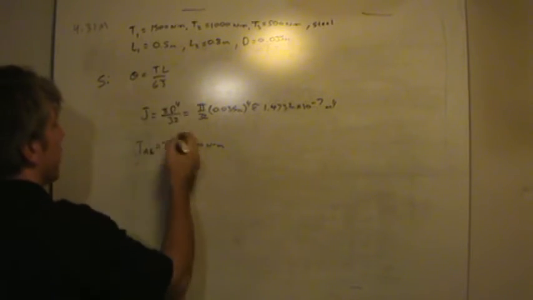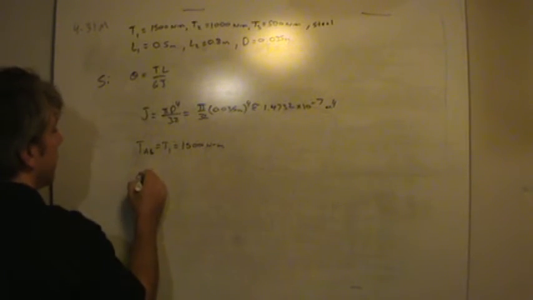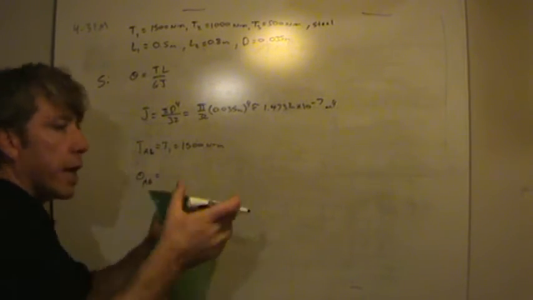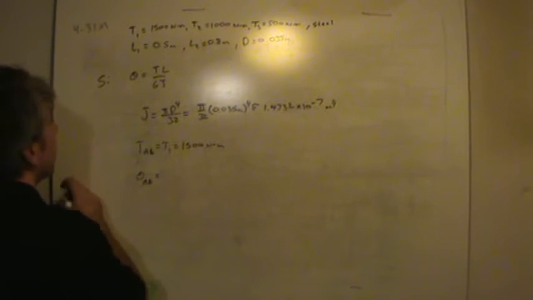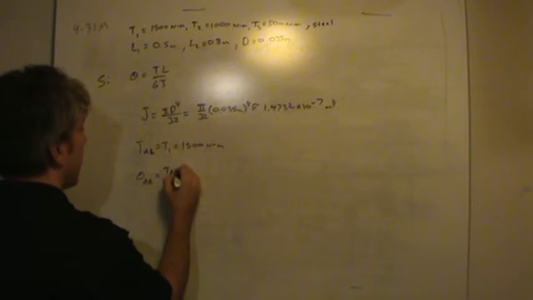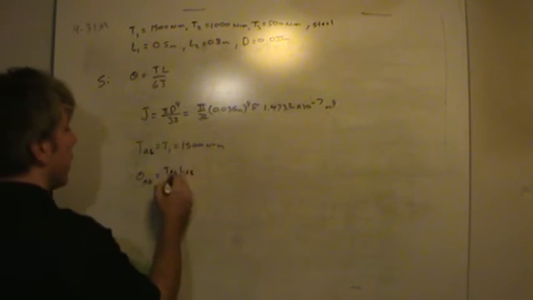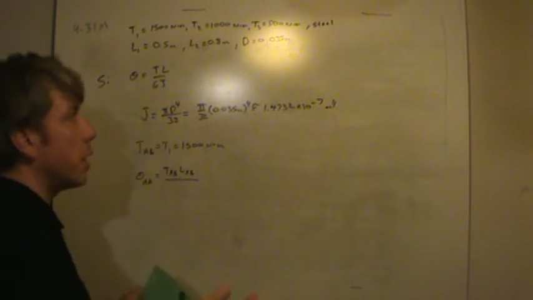Of course, the length is, as shown here, L1. So let me call this theta AB, just the angle of twist between A and B, given the amount of torque applied to that section. That would be TAB multiplied by the length between A and B, which is just L1, divided by G. Now we need G for steel.